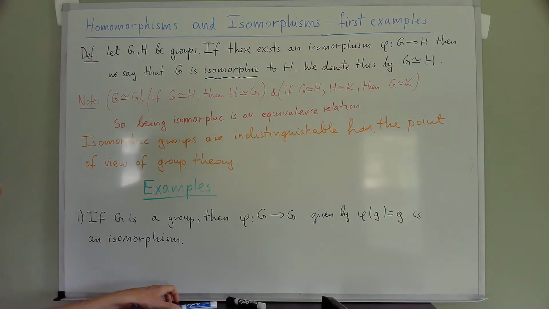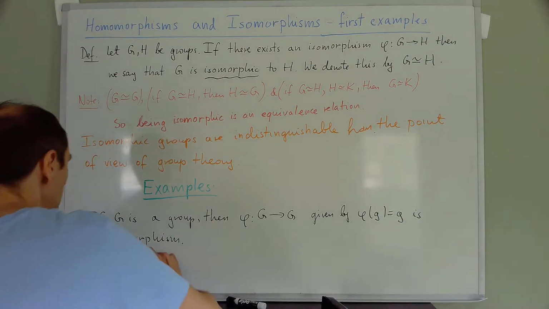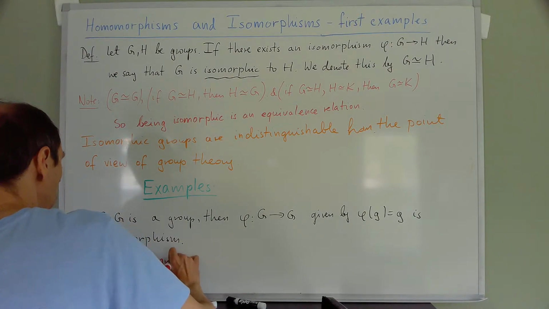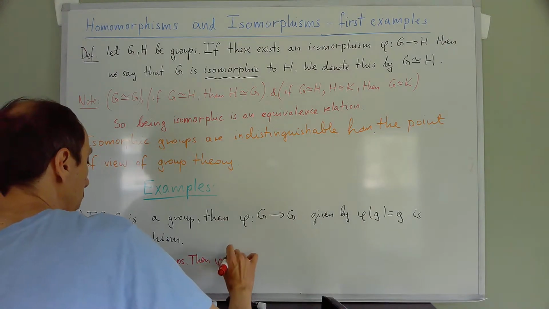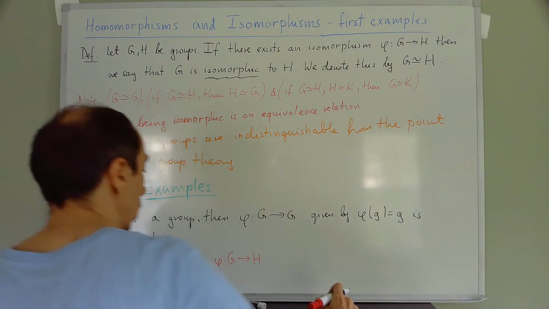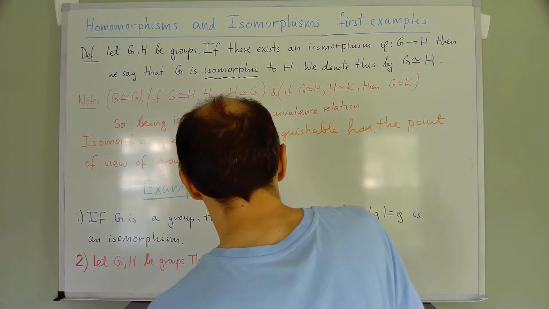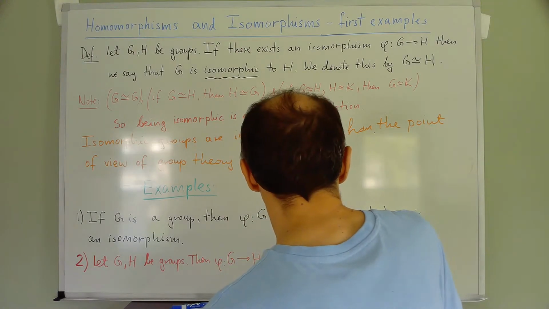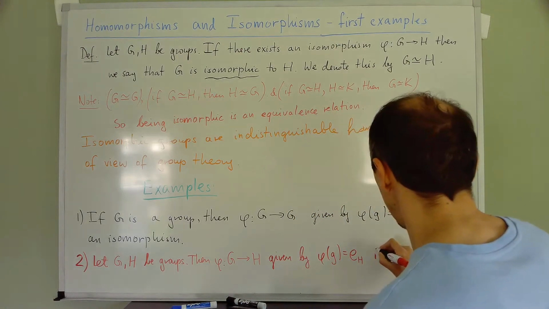Another example, in this sort of trivial sense, is the trivial homomorphism. So let G and H be groups. Then phi from G to H given by phi of g equal to the identity in H is a homomorphism.